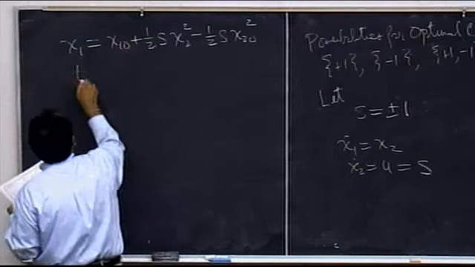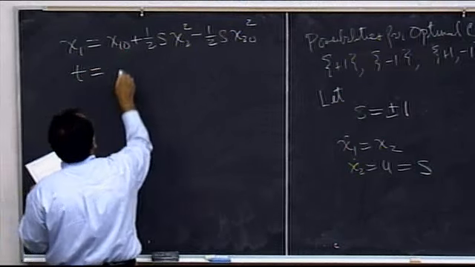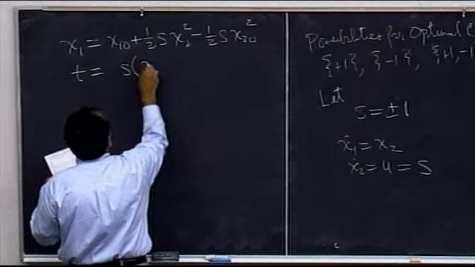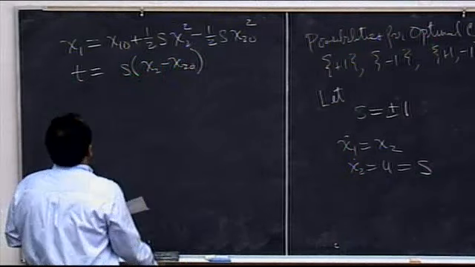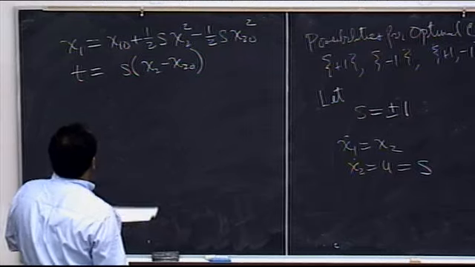And t, which is the optimal time, is equal to s times (x2 minus x20). So that gives you the value of time. So that gives you the solution.